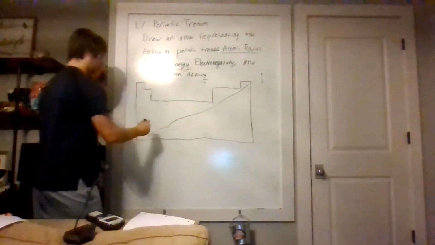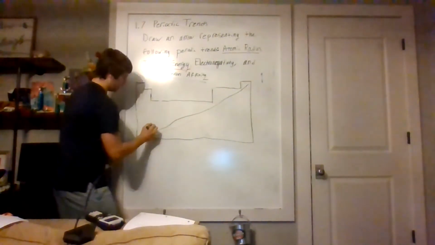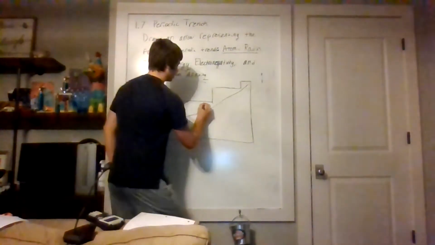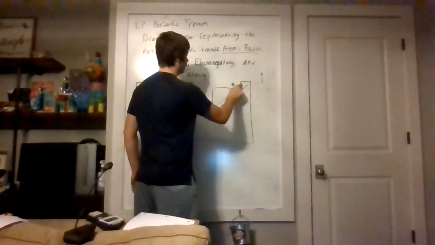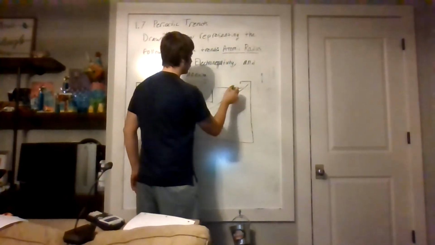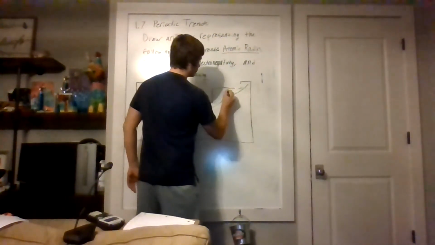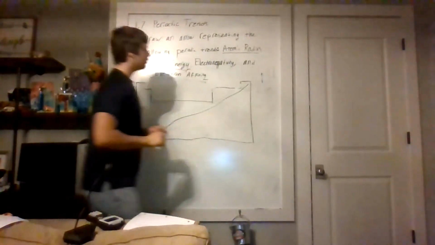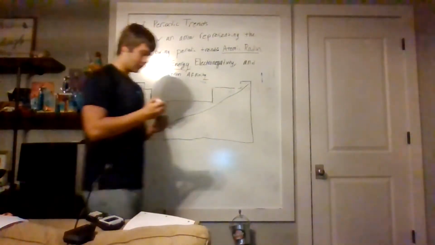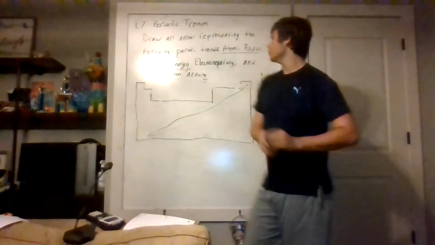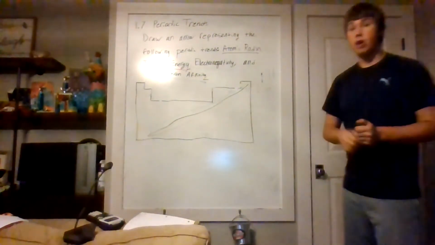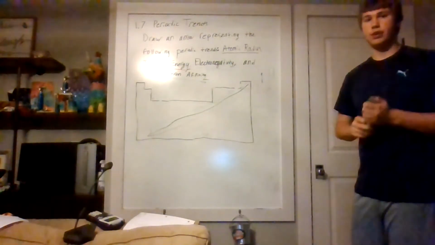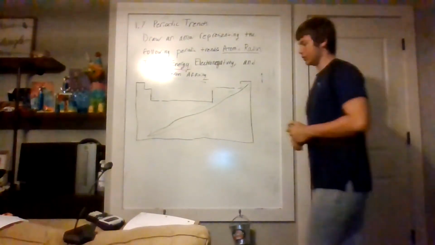So it is also going to run opposite of atomic radius. Except, actually, I'm going to cut it short to here, because electronegativity does not really extend to the noble gases, because noble gases do not bond and share electrons with other elements as much.